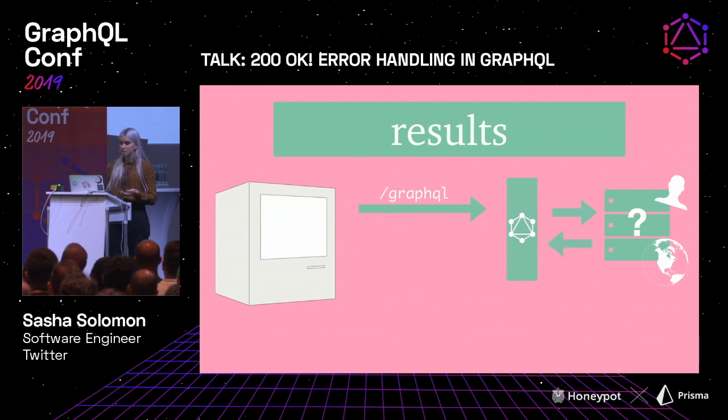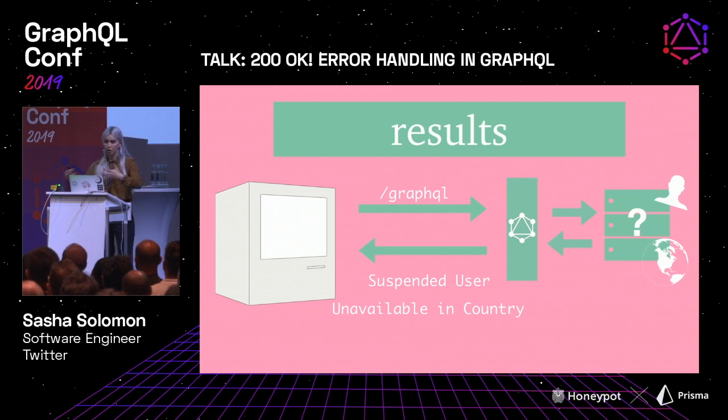That's going to send back probably a suspended user from our GraphQL server, or unavailable in country. These are the kind of things that we would want to get back. Then our client can display, oh no, we don't know what to do with that, or this isn't available in your country, or we'll display something different.